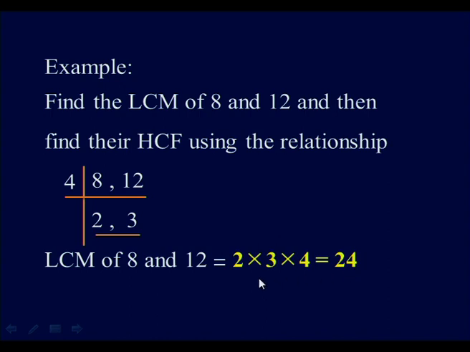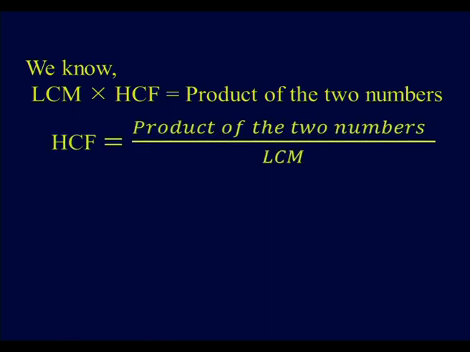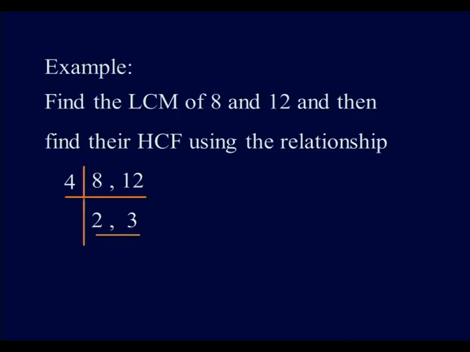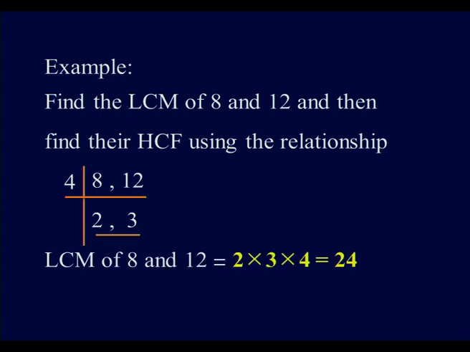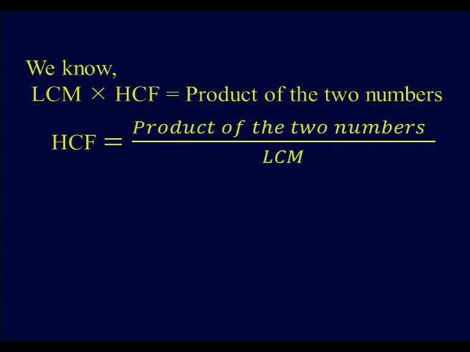As we got the LCM, we will find the HCF by using the relationship. We know that LCM into HCF is equal to the product of the two numbers. So, as we want to find the HCF, we will write HCF is equal to the product of the two numbers, taking LCM to the right side.